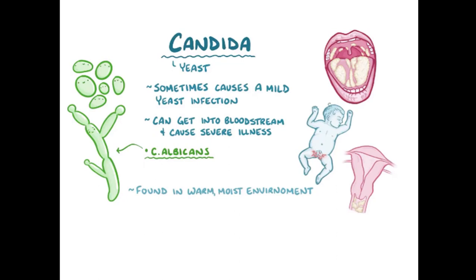So the areas of the body which, compared to other tissues, are warm, meaning where temperature is increased, close, dark, and moist, are the very favorite environment for the fungus.